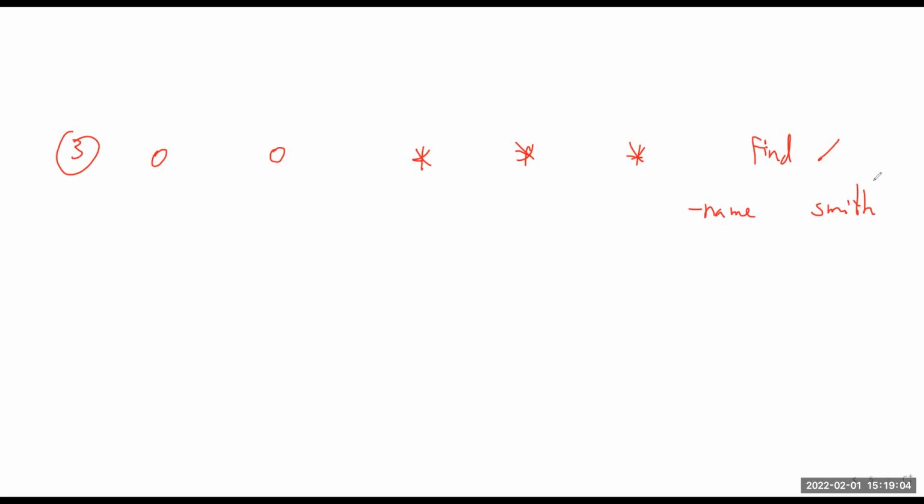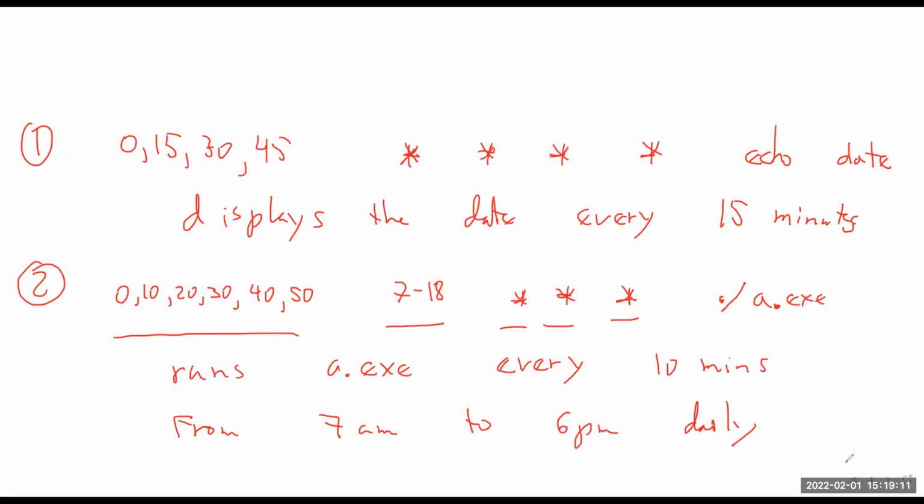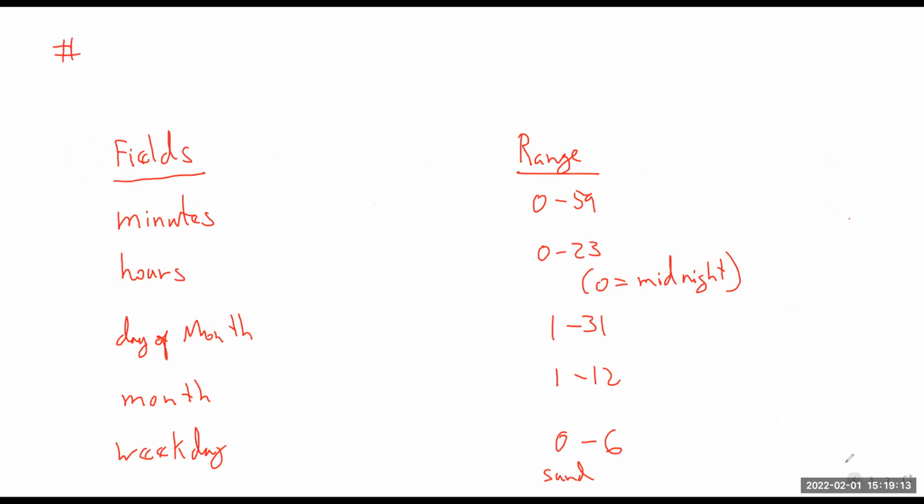Well, let's think about it. It's 0, 0, right? So just go back to this one. What is it? That's right. So only once at midnight. Yes. If you wanted to do every minute, we'll see that in a sec.